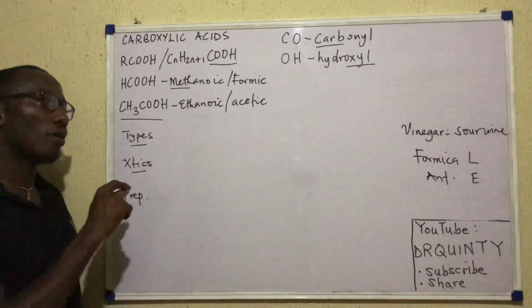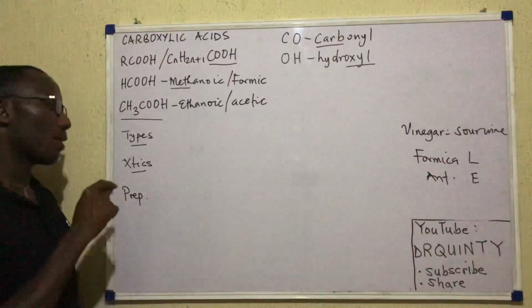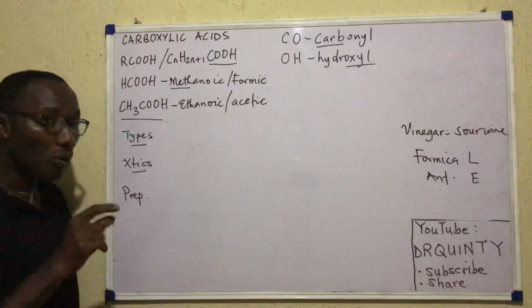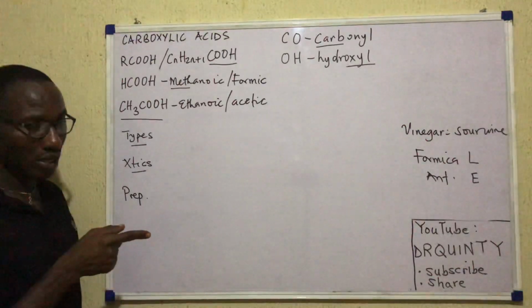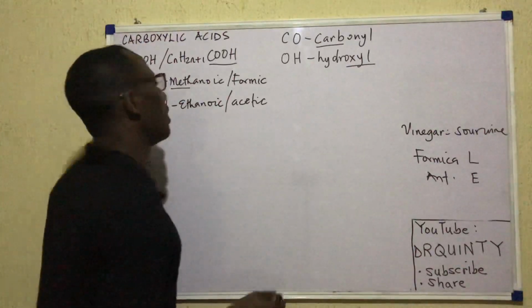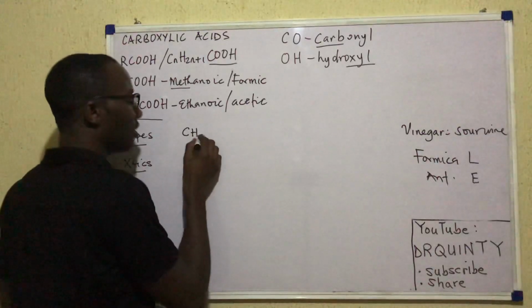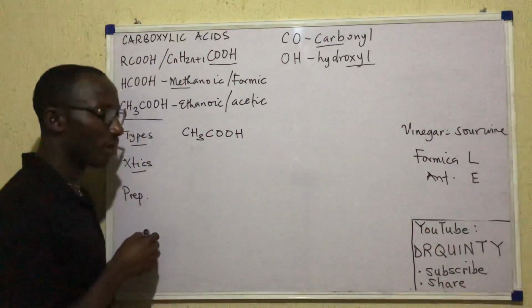Depending on the number of COOH groups that we have present, carboxylic acids may be classified as monocarboxylic, dicarboxylic, or polycarboxylic. So if we look at this formula, I'll repeat it here, CH3COOH, it's the formula of an alkanoic acid.